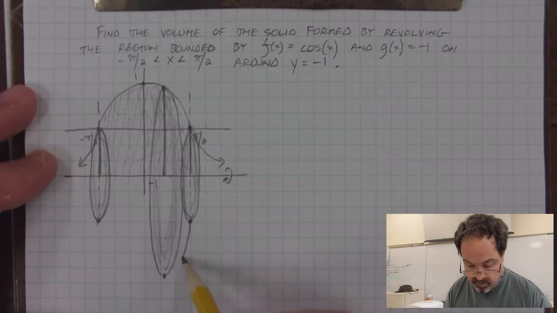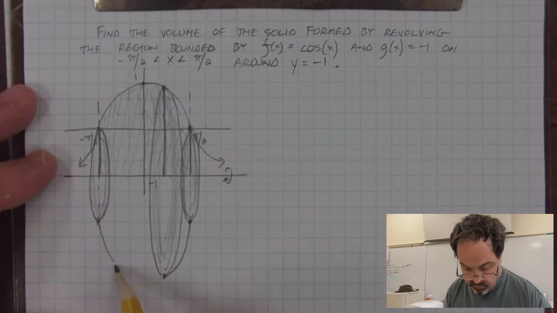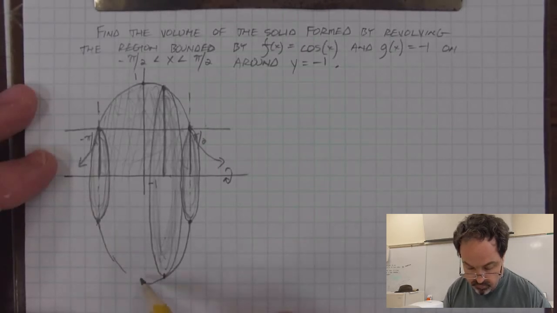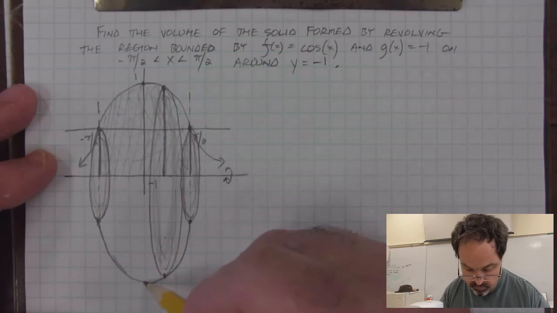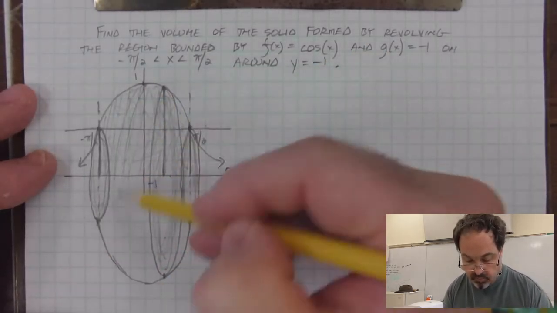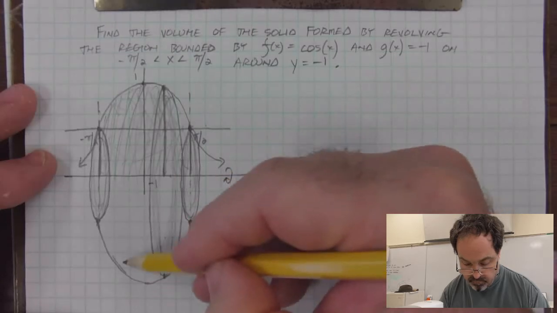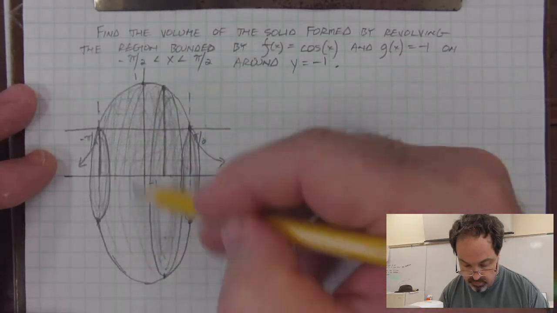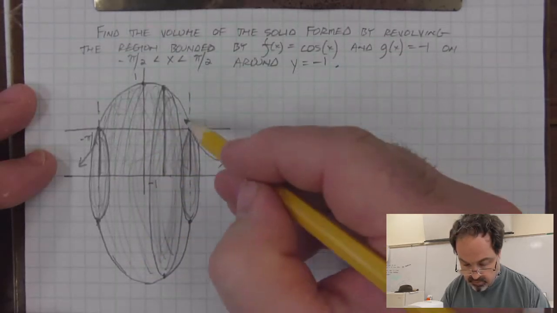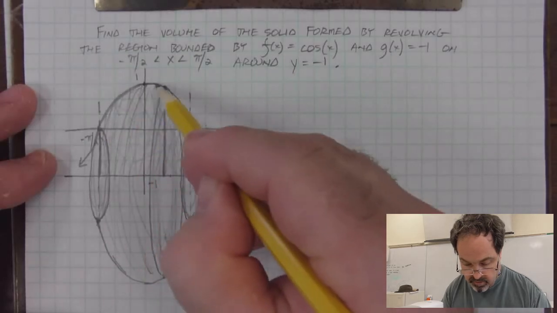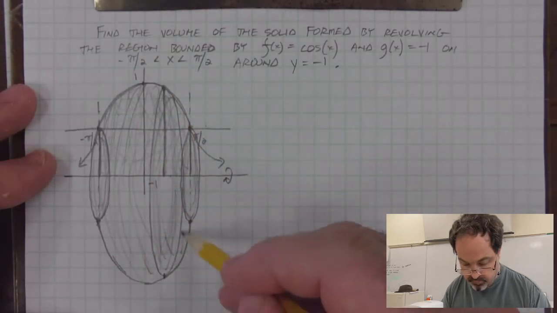So if I attach these disks with a curve symmetrical to the top, I can complete what is hopefully the illusion of the 3-dimensional solid that's being created by revolving that entire function.